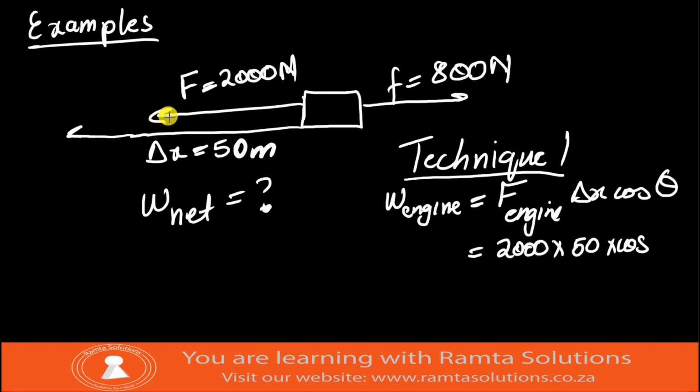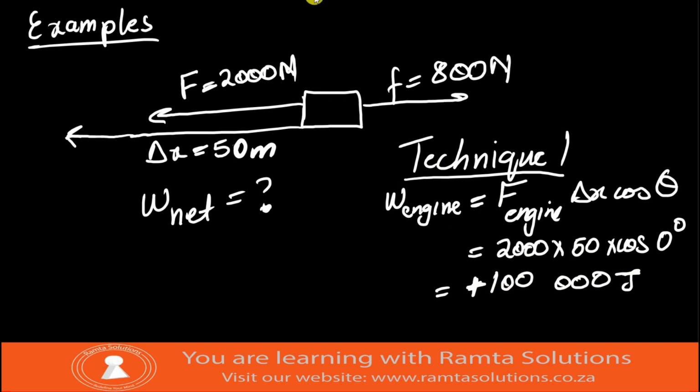The force applied by the engine is in the same direction as the displacement, so this is 0 degrees, cos 0 degrees. So this will be 2000 times 50, which is 100,000 joules, positive. As you can see, the engine is doing positive work on the car, so it's transferring energy into the car.